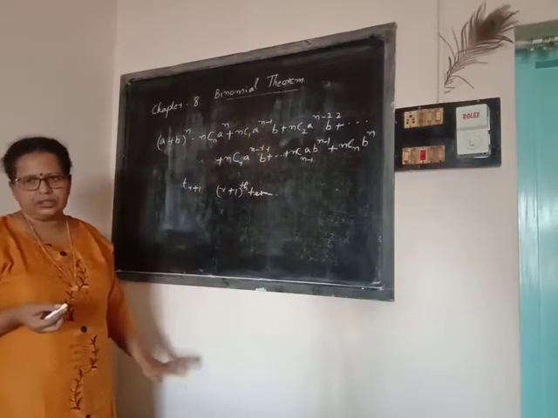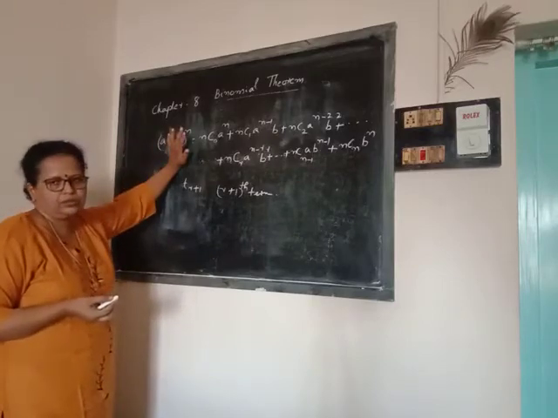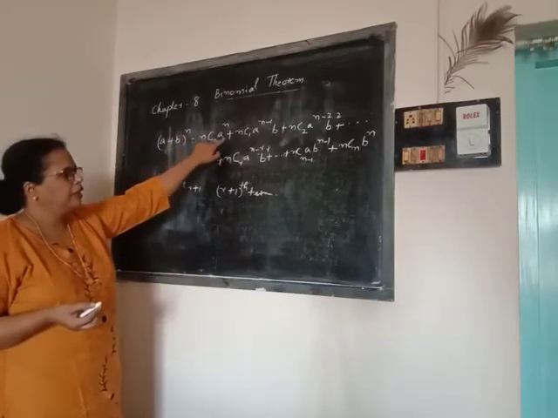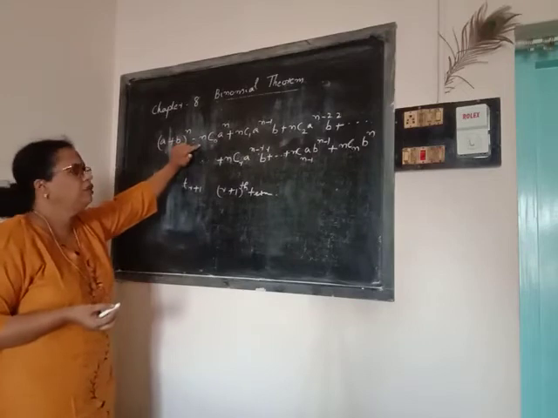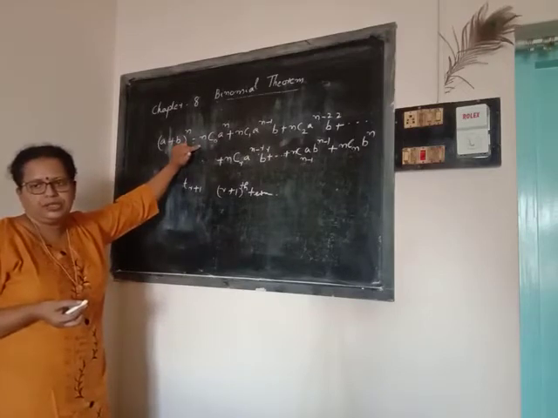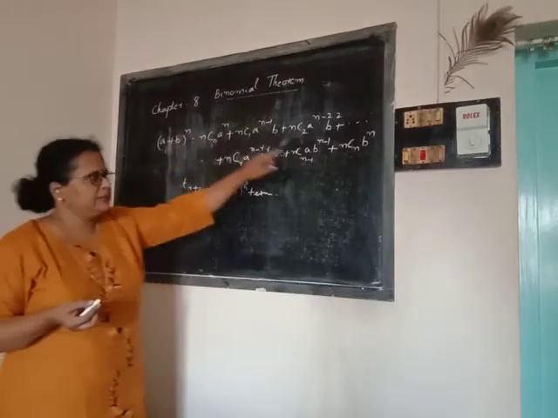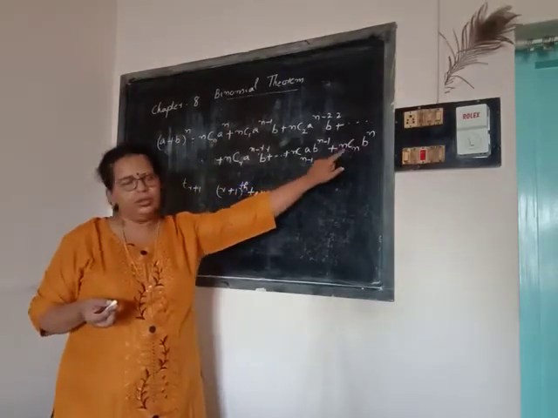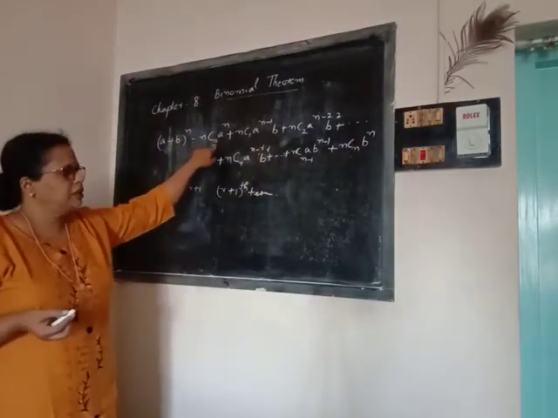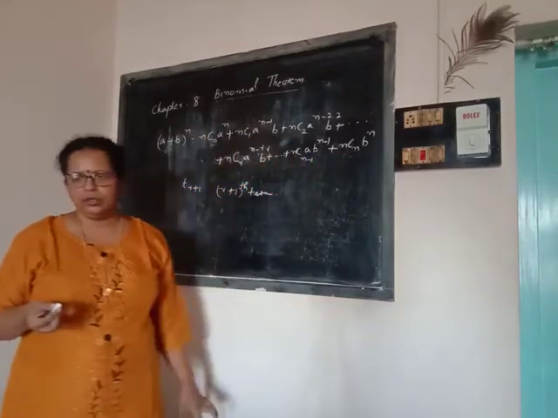No need of learning the proof. Just learn it by heart. A plus B whole raised to n is NC naught A raised to n. NC naught we learned in permutation and combination. NC naught is 1 and NCN is 1. So even though you write NC naught and NCN, it is correct, no problem.